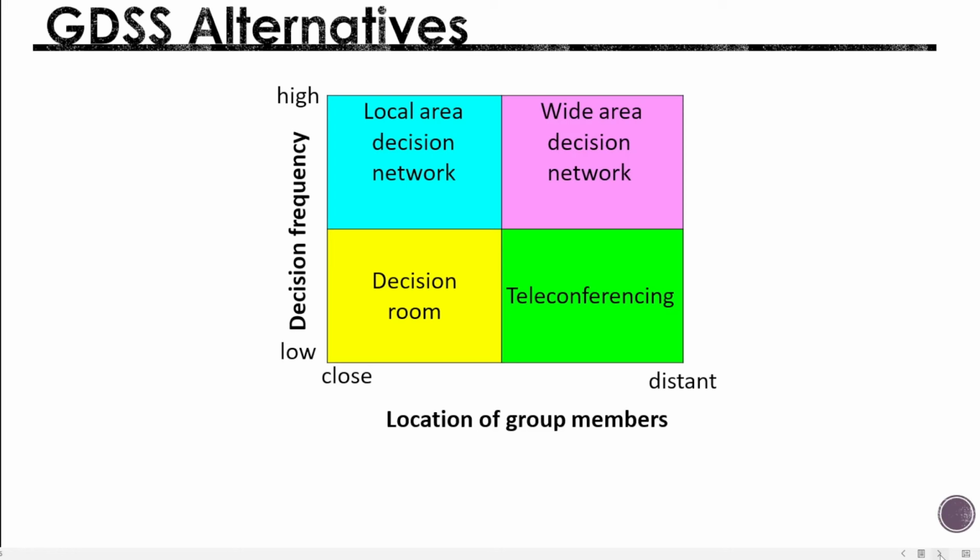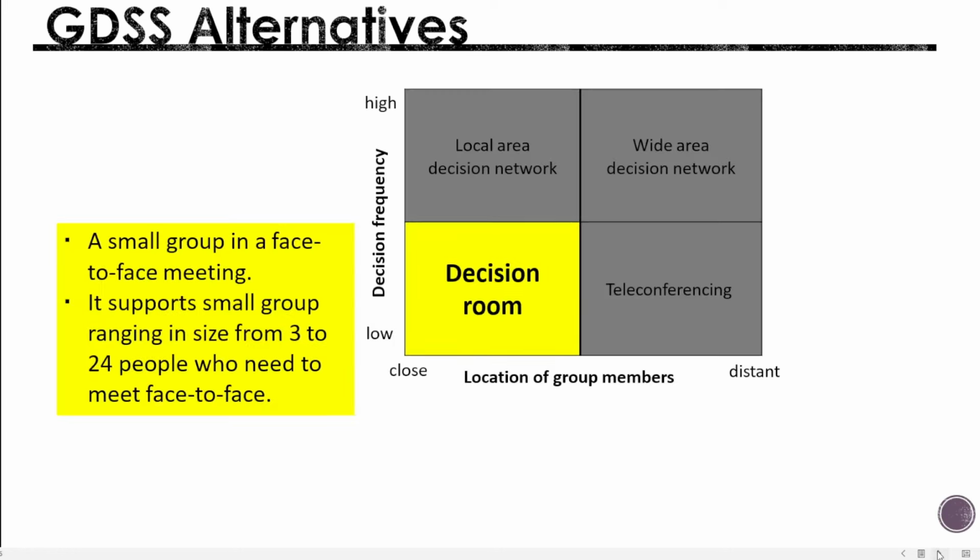Okay, so it's a small group in a face-to-face meeting. Face-to-face meeting supports small group. As you can see in the diagram, okay, so etong decision room, ito yung position niya, makikita mo, there is low decision frequency but close location of group members. Okay?